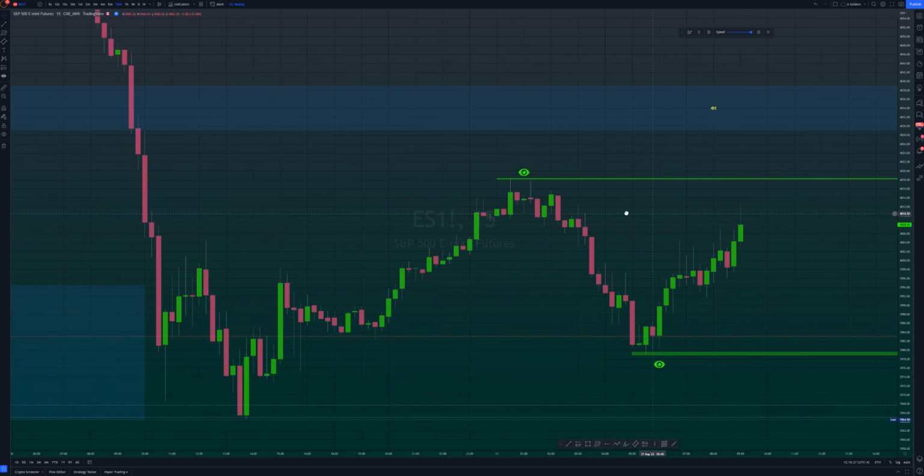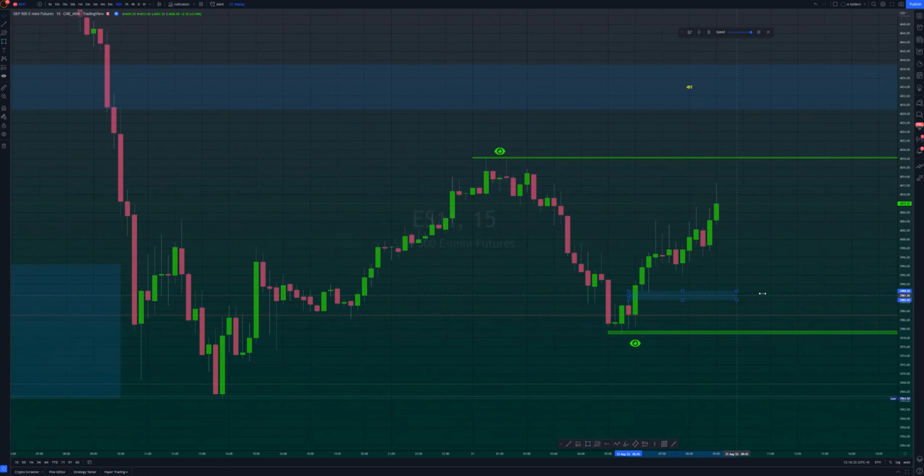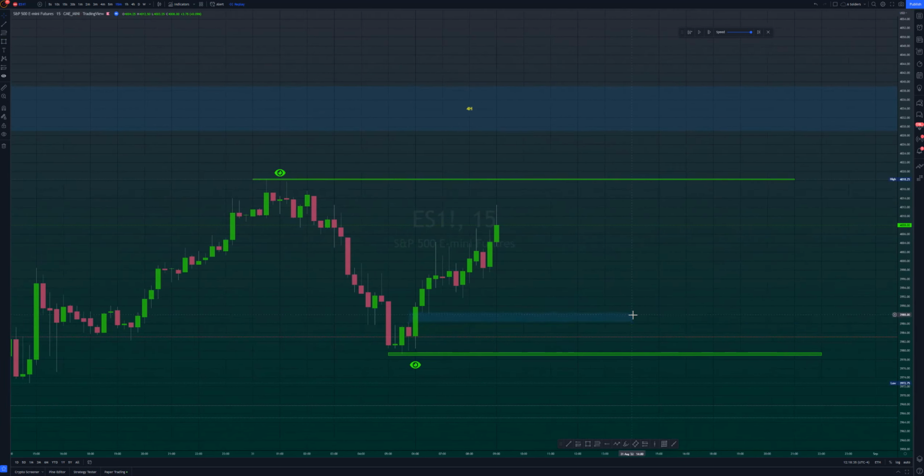And here we can see that we have a pretty nice fair value gap down here, on the 15 minutes.